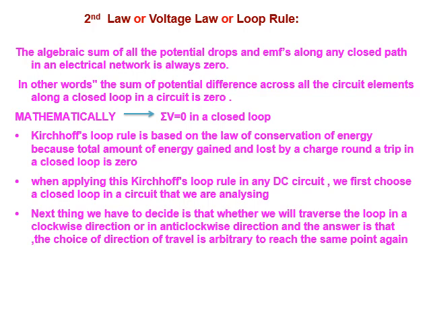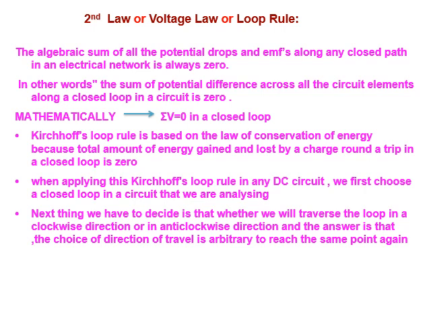Mathematically, summation of delta V equals 0. Kirchhoff's loop rule is based on the conservation of energy because the total amount of energy gained and lost by a charge around a closed loop is 0.